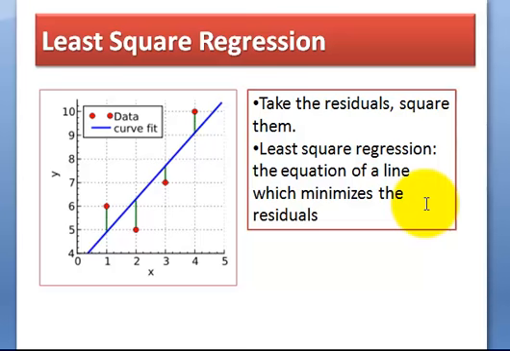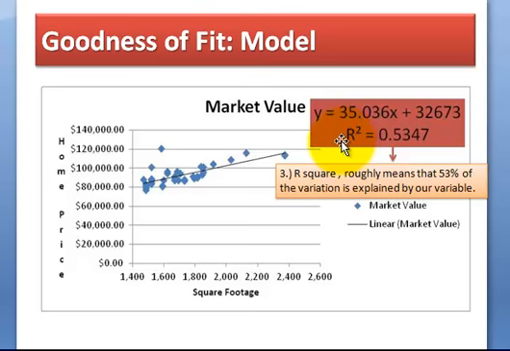Because the negatives would offset the positives. So we square them, and what we come up with is what's called a least squares regression, which minimizes the residuals. So Excel goes in and tests all sorts of lines and says, which one of these lines minimizes my residual? And it gives me that equation right there, and it tells me what the r squared is.